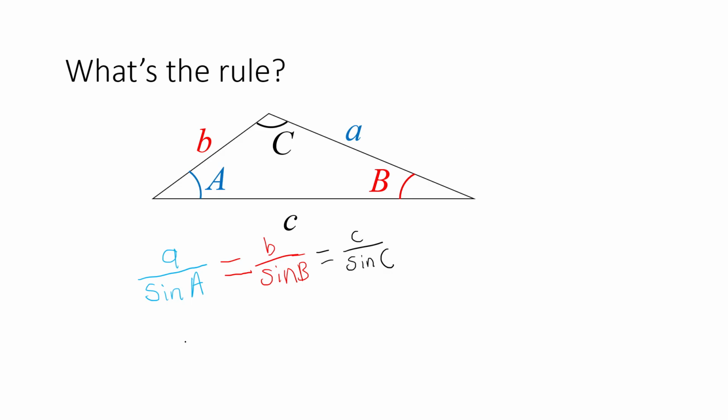And another way that I can write the Sine Rule is this. I can also write sine A over a is equal to sine B over b is equal to sine C over c.